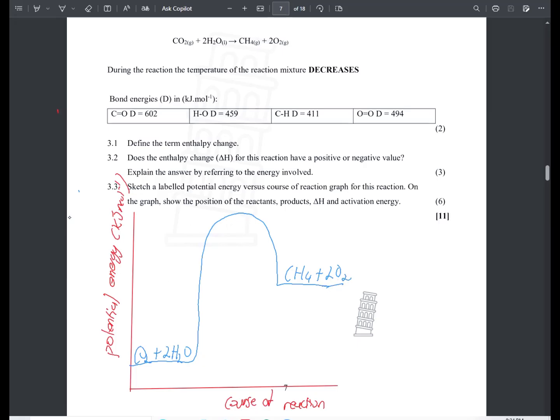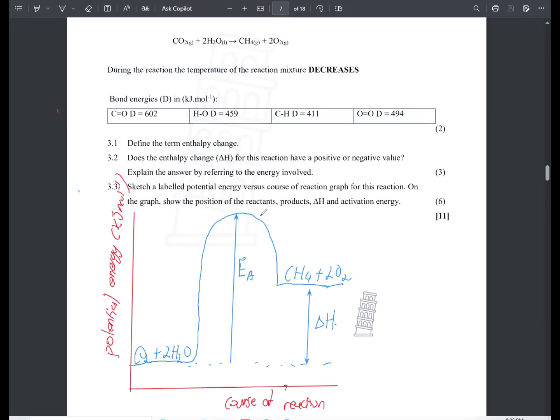And then all the way from the reactants to the activated complex, that's your activation energy, so EA. But then in between the reactants and the product, that's where you find your what? Your enthalpy change. Right. So, yep, that's all you indicate.